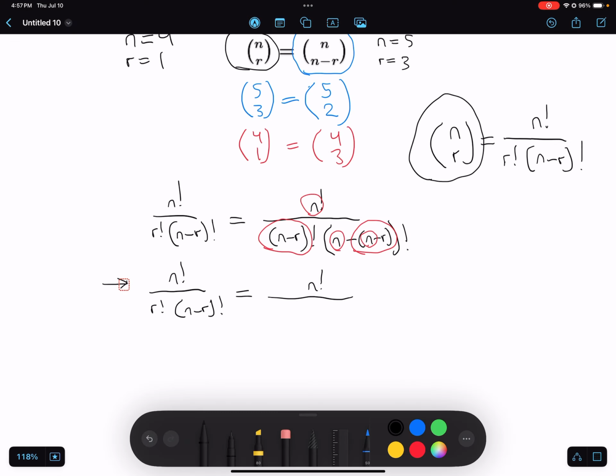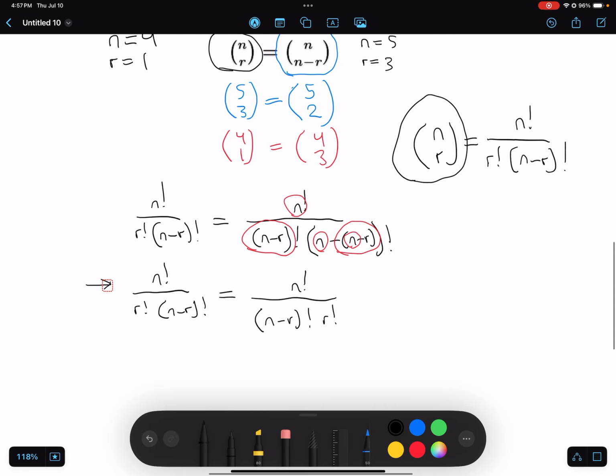And so what we're going to wind up with is just n minus r factorial times r factorial. And you can see up here, it's really this second pair of parentheses here that we're simplifying, because we have this n minus n, that cancels out the n's, and you're left with the r, so it becomes just r factorial, and of course that multiplied by n minus r factorial.